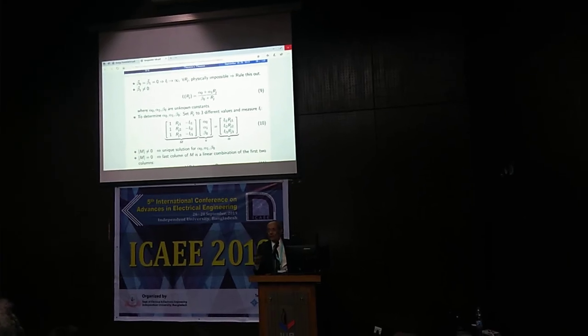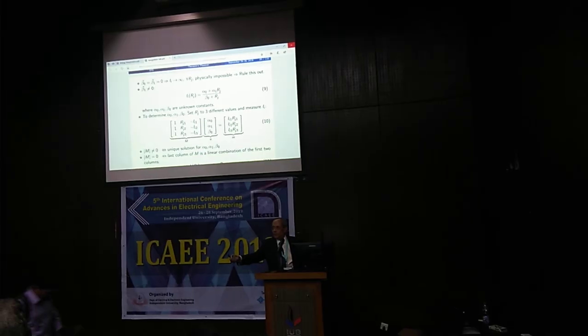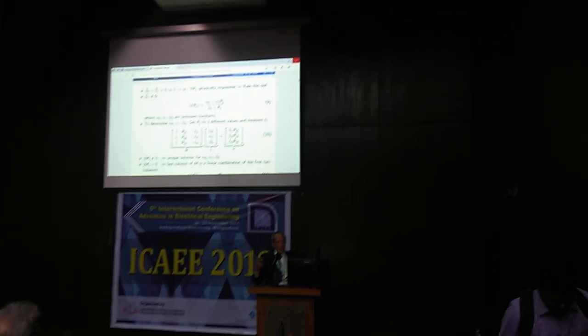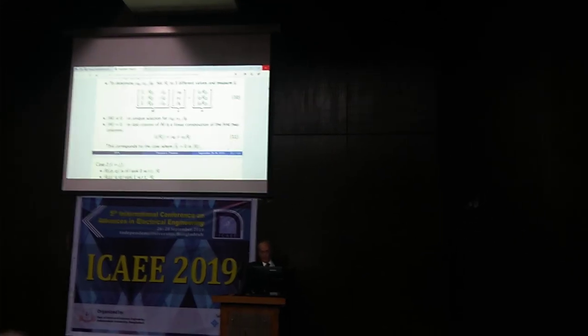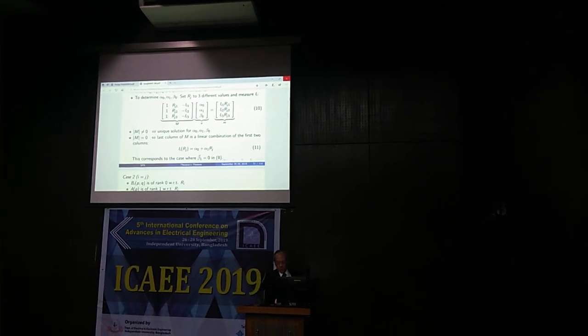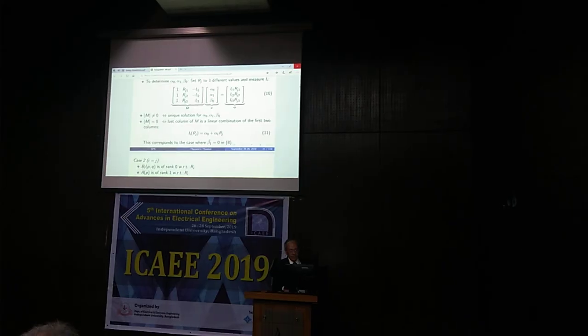Once I do those 3 experiments, what are the experiments? Set the resistance, measure the current. Set the resistance, measure the current. From those, solve for alpha 0, alpha 1, beta 0. Once you know that, there are some special cases when the determinant is 0 and so on. But in the most general case it is a 3-parameter problem.